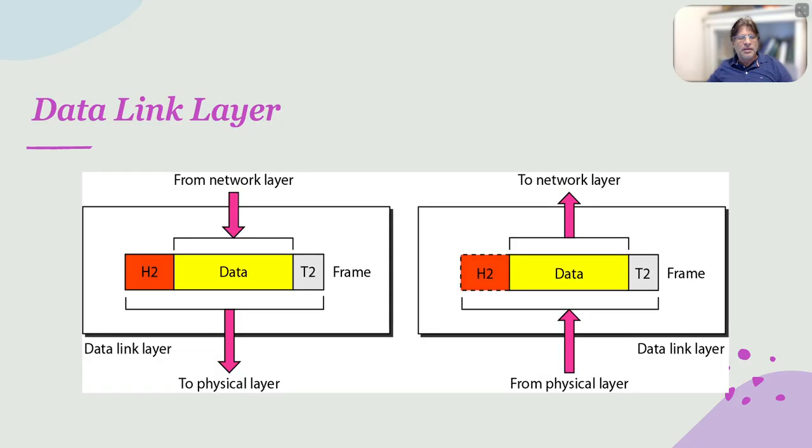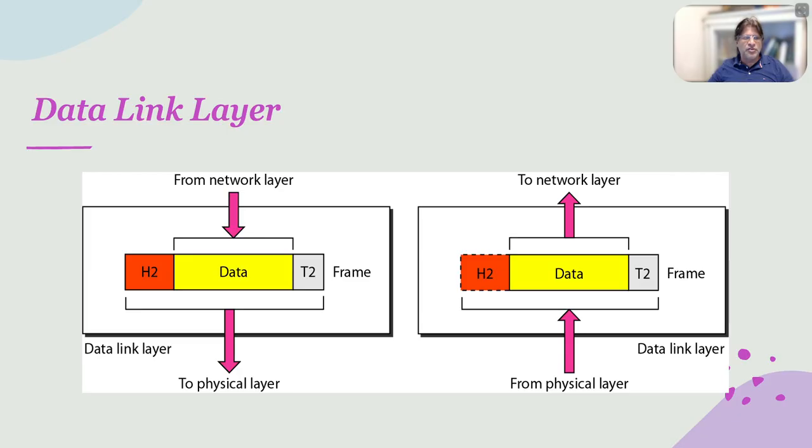Now when we look at the data link layer, we understand that above the data link layer, which is layer 2, is the network layer at layer 3. The data link layer, which you can see over here, receives the network packet from layer 3.